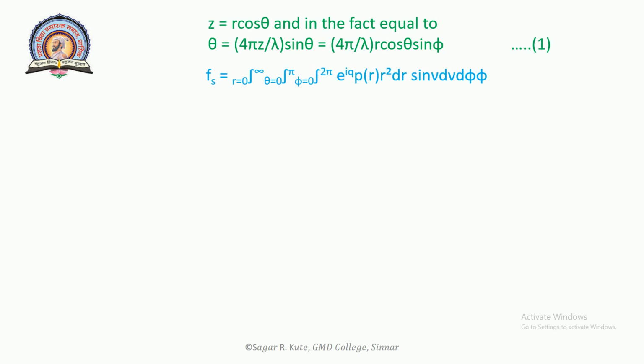Fs is equal to the integration from r equal to 0 to infinity, theta equal to 0 to pi, phi equal to 0 to 2 pi, of e raised to i q rho r squared dr sin theta d theta d phi.